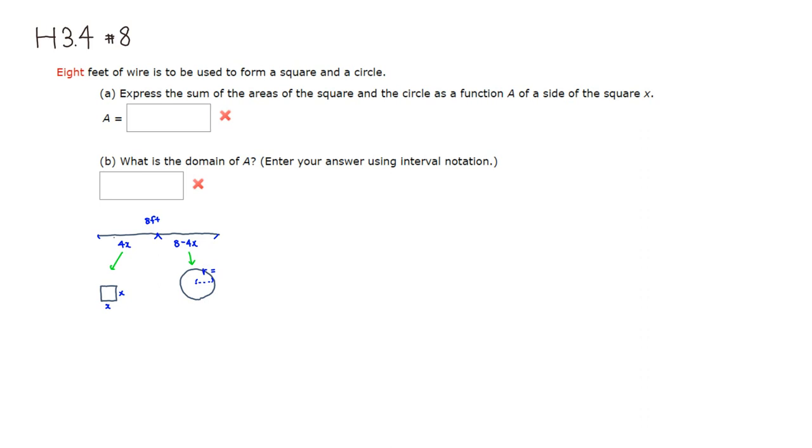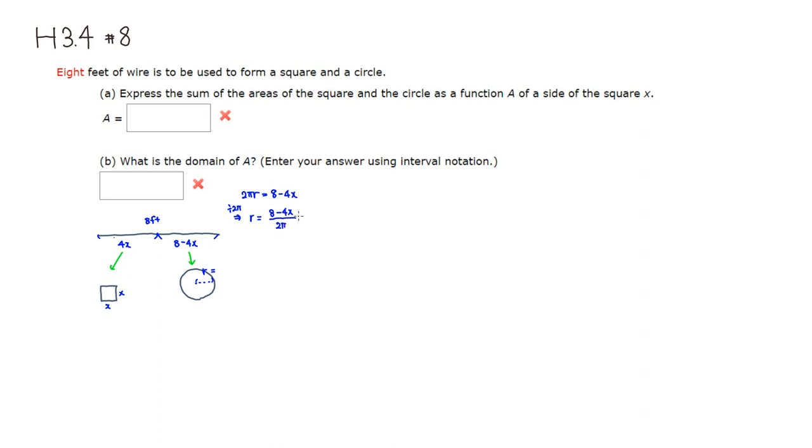For the circle, the circumference is 2 pi r, and this has to match 8 minus 4x. We can solve this equation for r by dividing through by 2 pi.